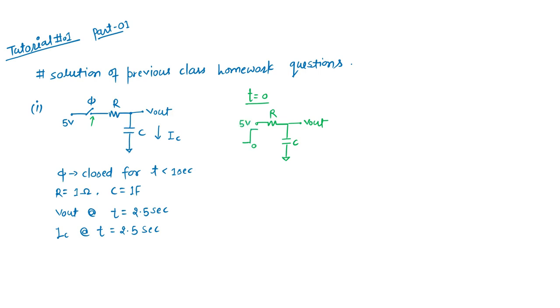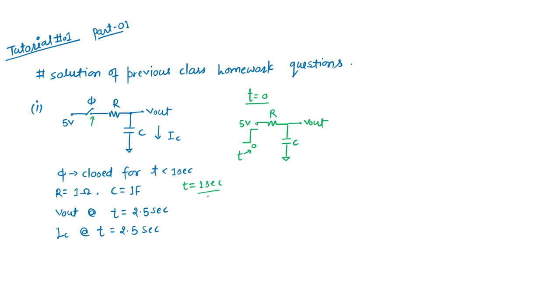So we can think of it this way: before, the node was floating, and I'll consider that no voltage was there, and at t equal to 0, the voltage of 5 volt is applied. If it is closed till 1 second, I consider here t equal to 1 sec, the exact number.